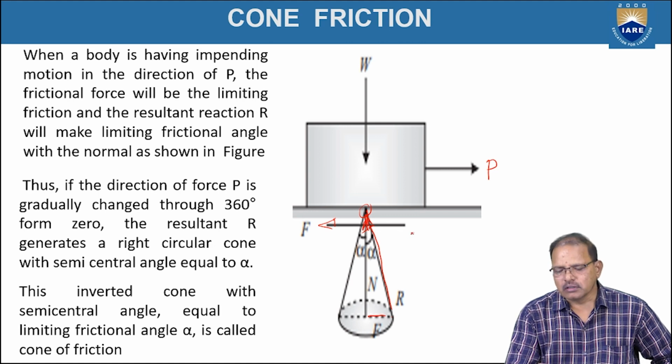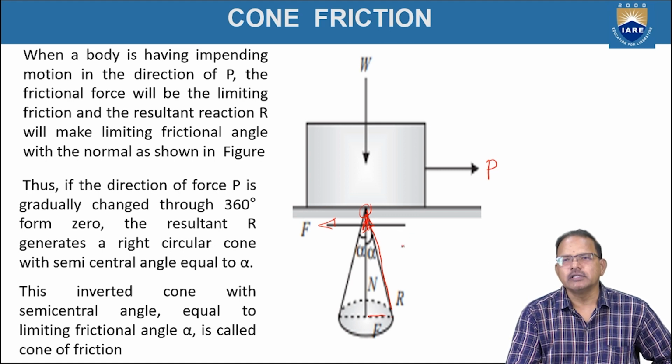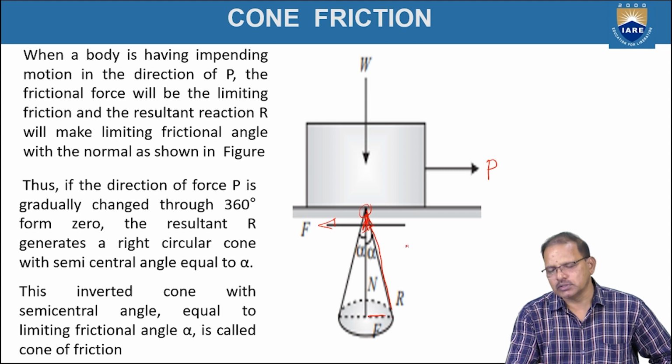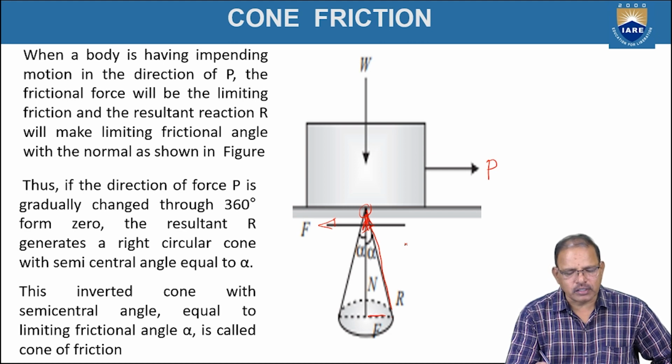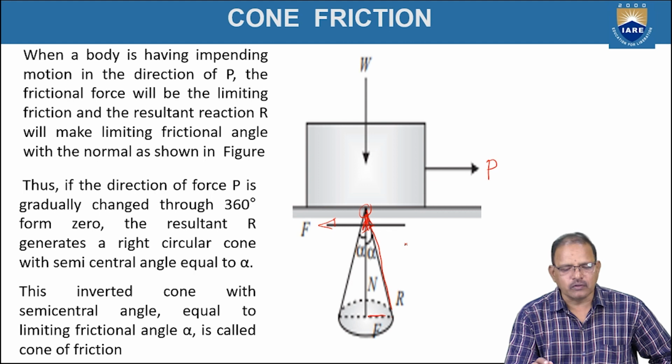That means when the applied force changes from 0 to 360 degrees, the resultant force traces a right circular cone as shown in the figure. This is called cone friction.